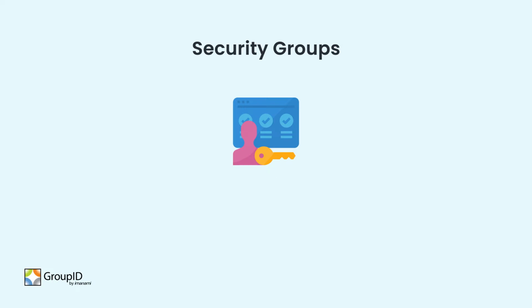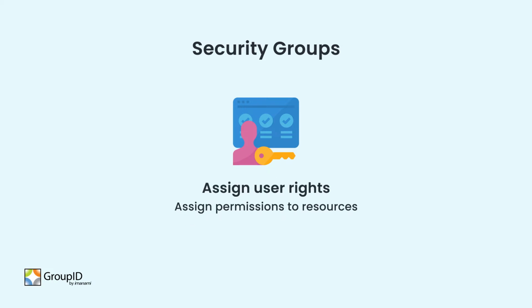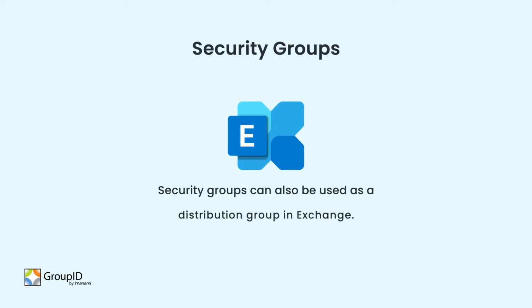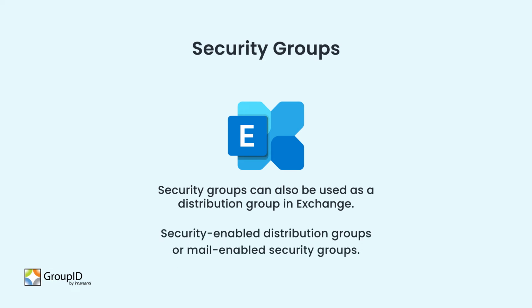Using security groups, you can assign user rights and assign permissions to resources. Security groups can also be used as a distribution group in Exchange. These are known as security-enabled distribution groups or mail-enabled security groups. Learn more about whether to mail-enable a security group or not.